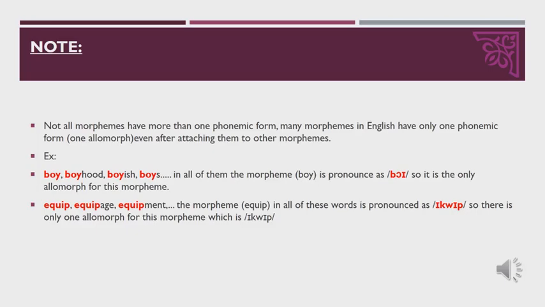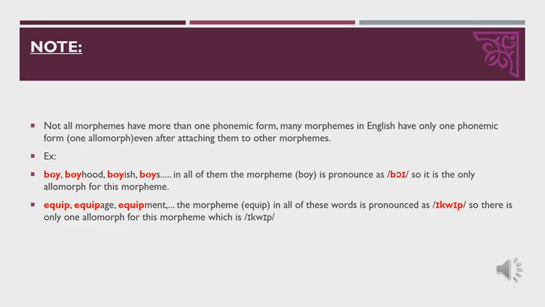The answer is no. Some morphemes in English have only one allomorph, one phonemic form, even after adding other morphemes to them. They keep only one pronunciation each time you add other morphemes to them. So they have only one allomorph.